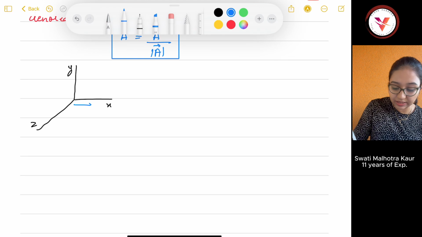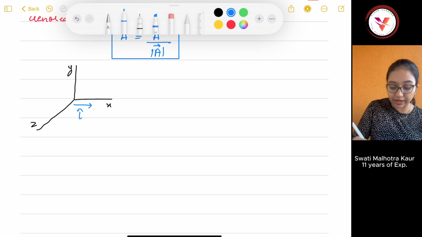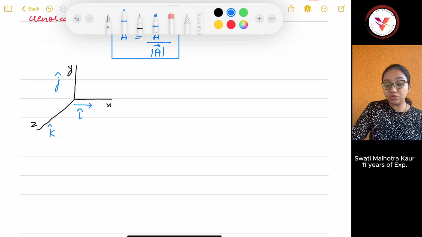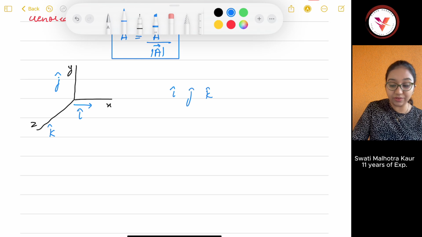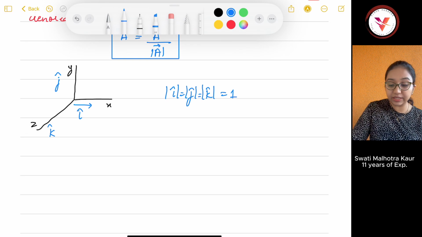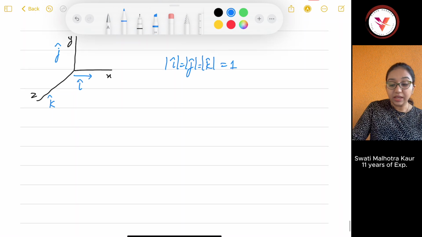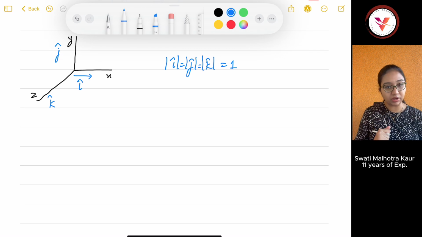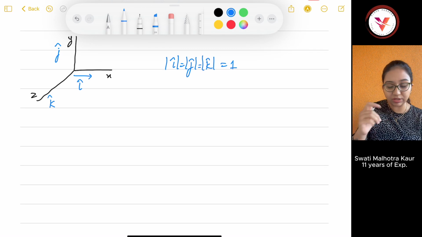That means along x direction, you have a unit vector i cap, along y it's j cap, and along z it's k cap. So this i cap, j cap, and k cap are the unit vectors whose magnitude is obviously equal to 1. And in terms of direction, i cap is along x-axis, j cap is along y-axis, and k cap is along z-axis.